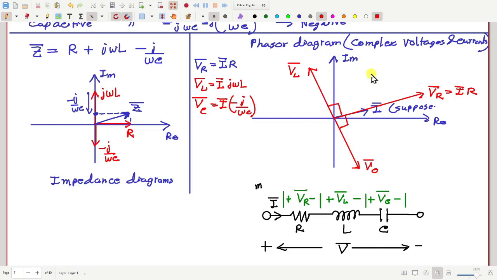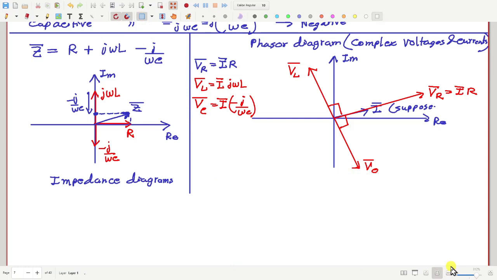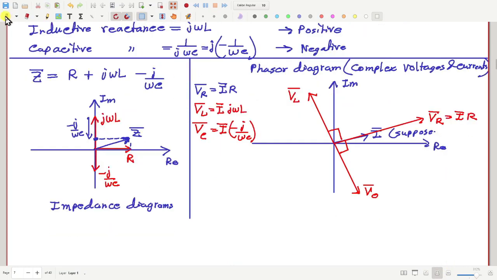This is called the phasor diagram. Let me clean up a bit. Now, if we add these three voltages VL, VC and VR, suppose VC is here up to, just a second.